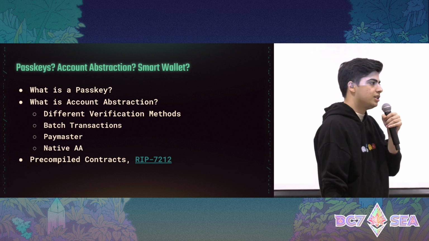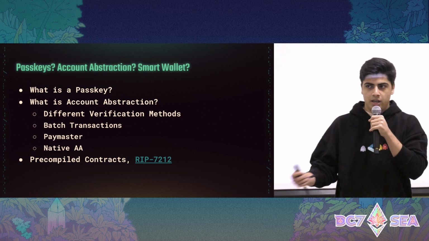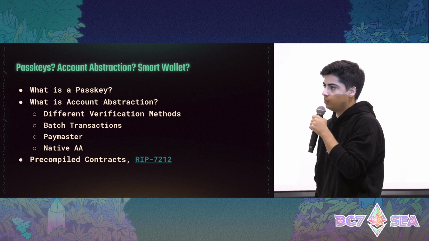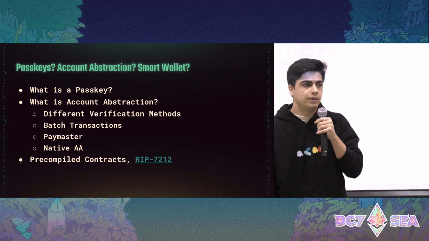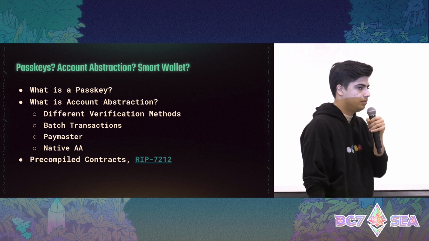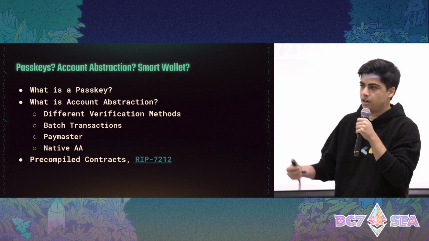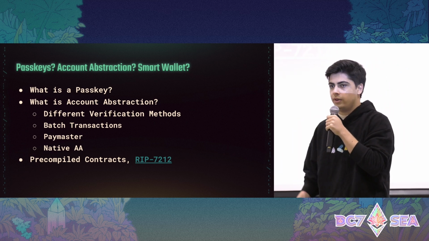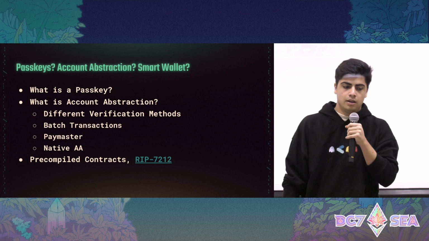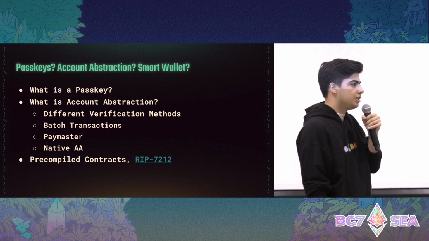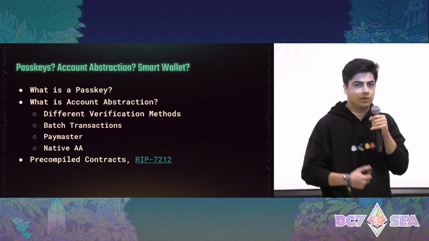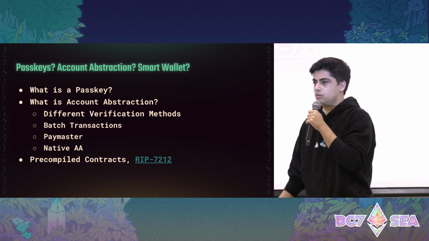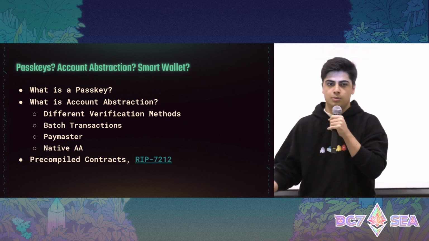Account abstraction is simply a way to have your wallets in a programmable way with different verification methods, like any custom logic that you can apply on the smart contract level to verify your users. Account abstraction also introduces batch transactions, where you sign only once for multiple transactions.